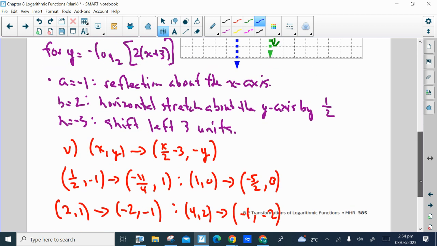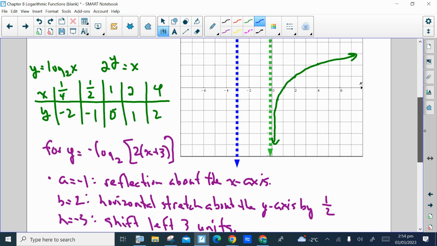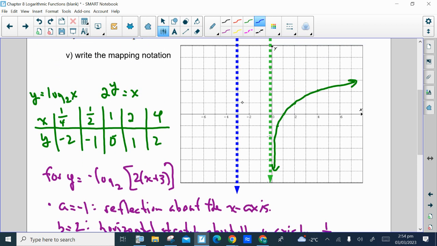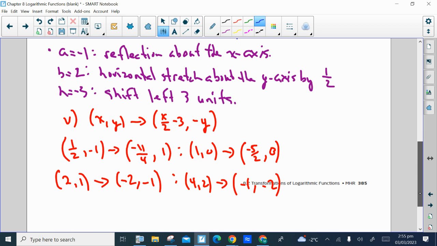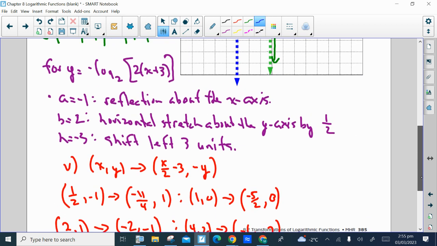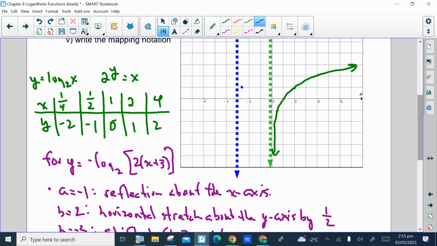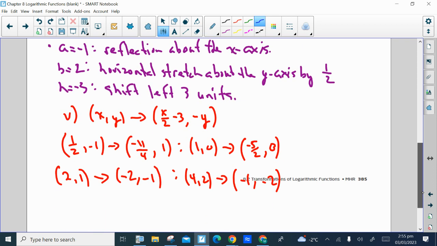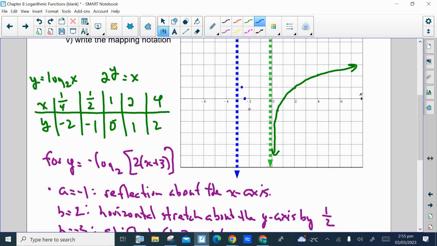First one is negative 11 quarters, which is negative 2 3/4, comma 1. Negative 2 3/4, comma 1, approximately right there. The next one is negative 2.5, comma 0. Right there. Then we have negative 2, comma negative 1.